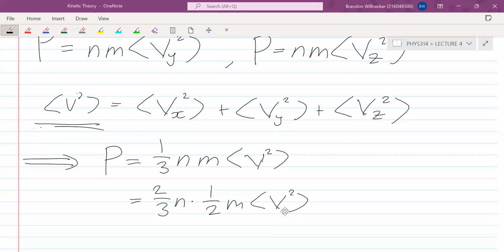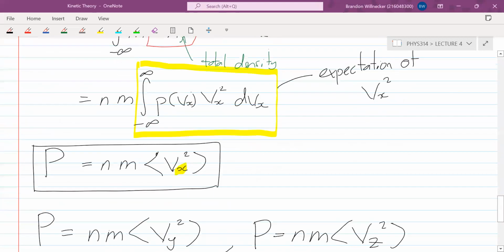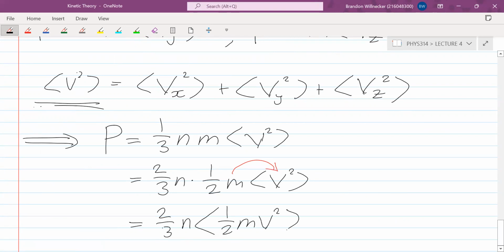Now this 1/2 m doesn't have an effect on the expectation, because remember, that's defined in terms of an integral, and constants can be taken in or out of the integral. So in fact, this 1/2 m, we can take it inside the expectation, just as you would take it inside an integral. So this is going to be 2/3 times n times the expectation of 1/2 m v squared.